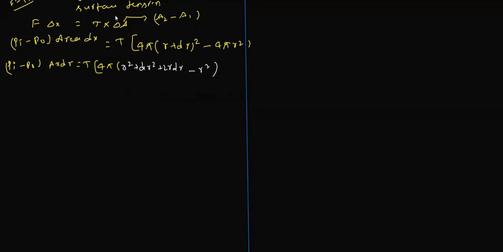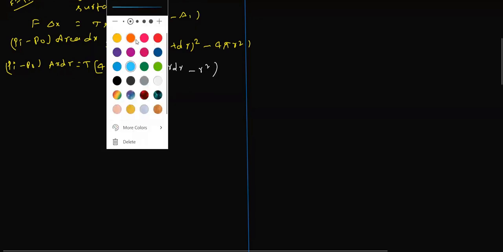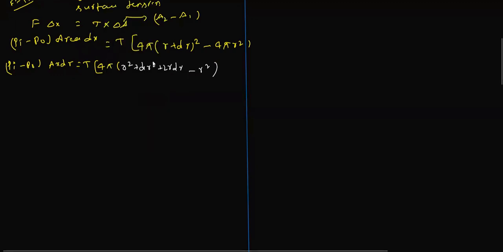I took 4 pi common outside. The r square terms cancel to 0, and the dr square value tends to 0. Why? If the r value is small, say 0.2, the square is 0.04, which is negligible. Expansion is small, so dr is small; if dr is 0.2, dr square is 0.04, so dr square also is negligible.